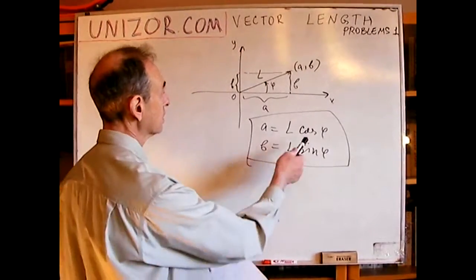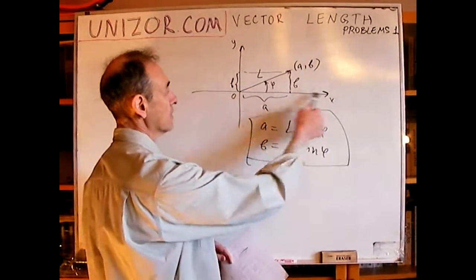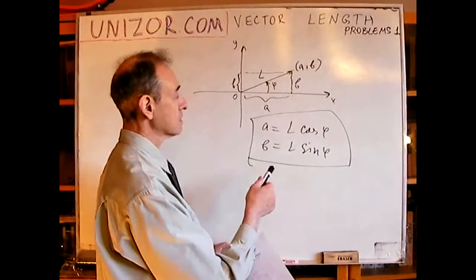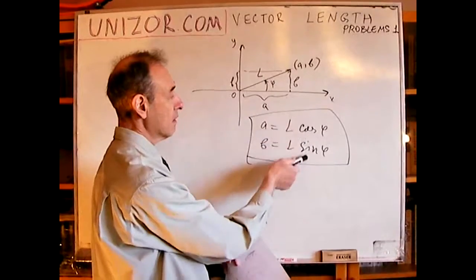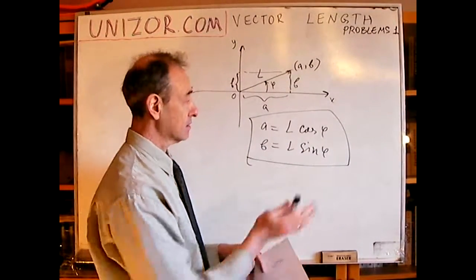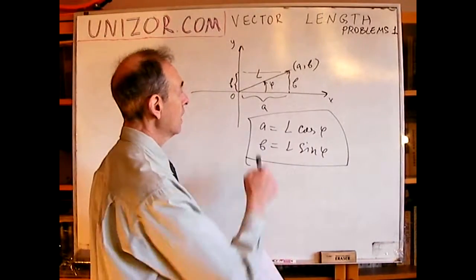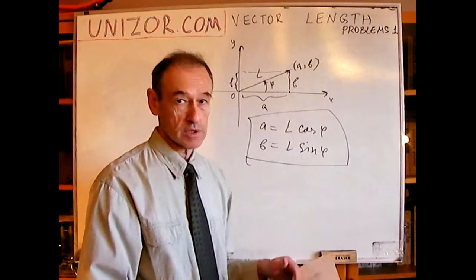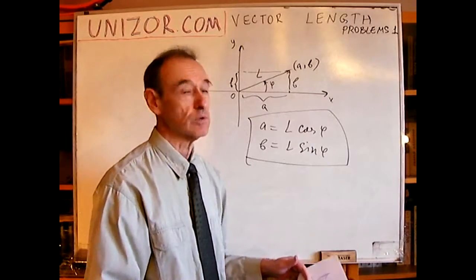What's important in this particular case is that the horizontal x-axis, from which we measure the direction, coincides with the abscissa, the x-axis of the coordinate system. So that's explicitly used.